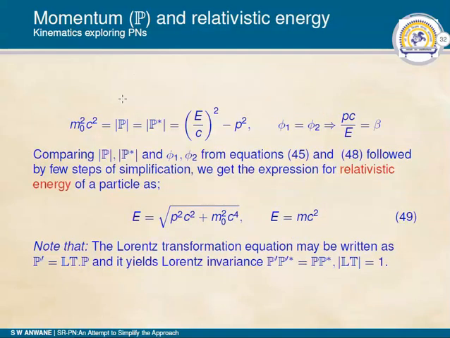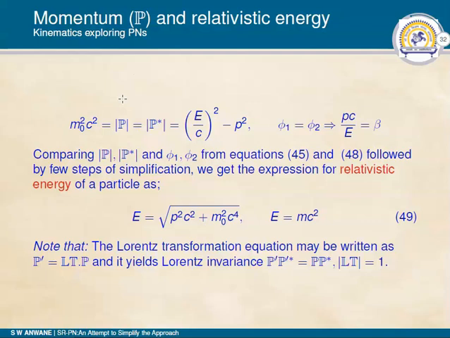Now m0 squared c squared equal to E squared upon c squared minus p squared is the same famous equation which you often call the relativistic energy of the particle, and if you simplify that equation for E, it will be the square root of p squared c squared plus m0 squared c to the power four, the whole thing under the root.